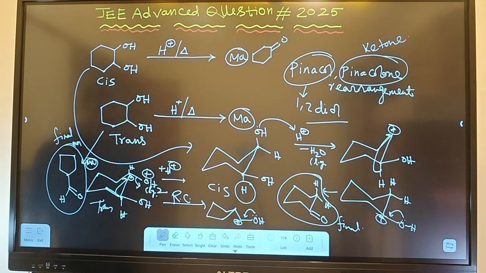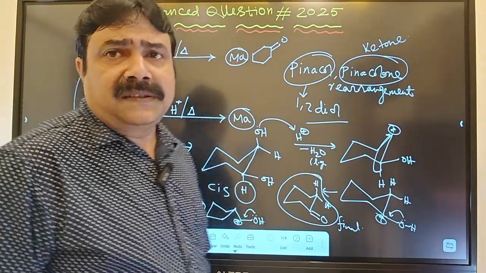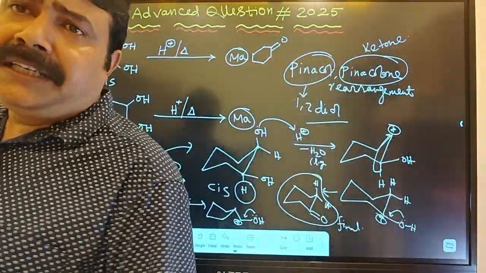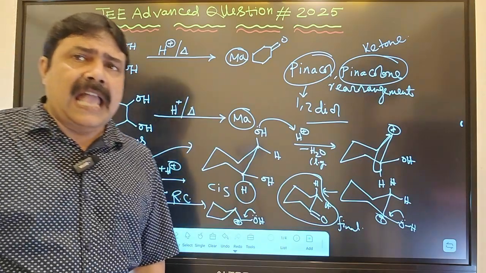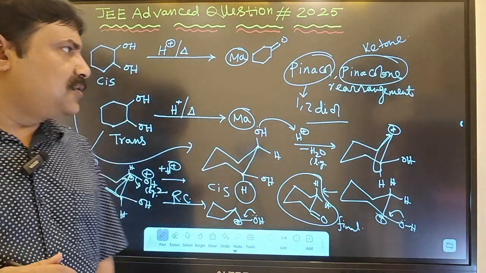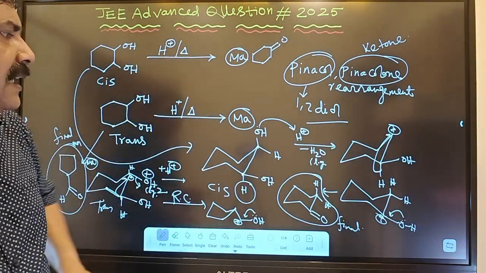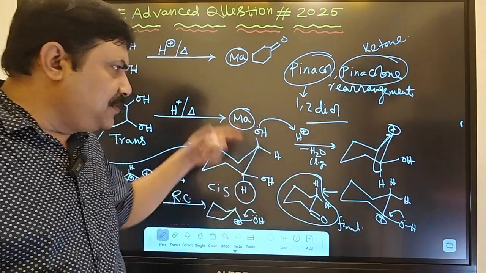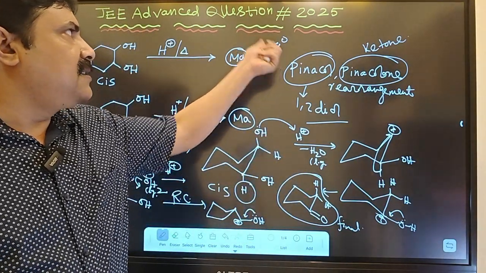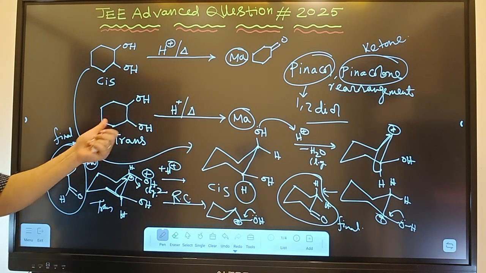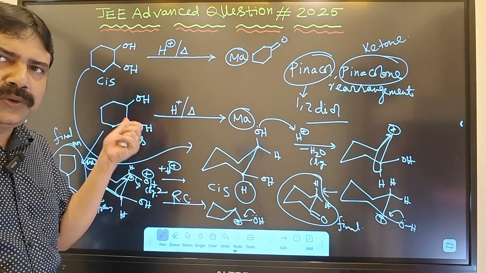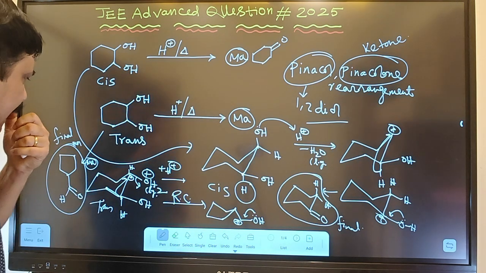So the basic idea of this reaction is what? One thing I explain: the anti stereochemistry is nothing but anti to the leaving group migration. So whenever it is cis, the hydride that is anti to the leaving group migrates. That's why cyclohexanone is the final product. But whenever you take trans cyclohexane-1,2-diol, then what is happening?